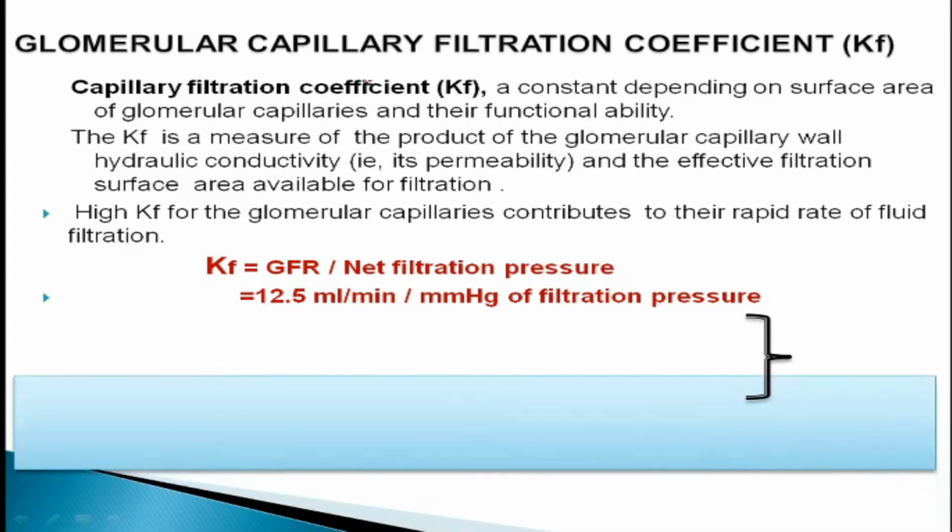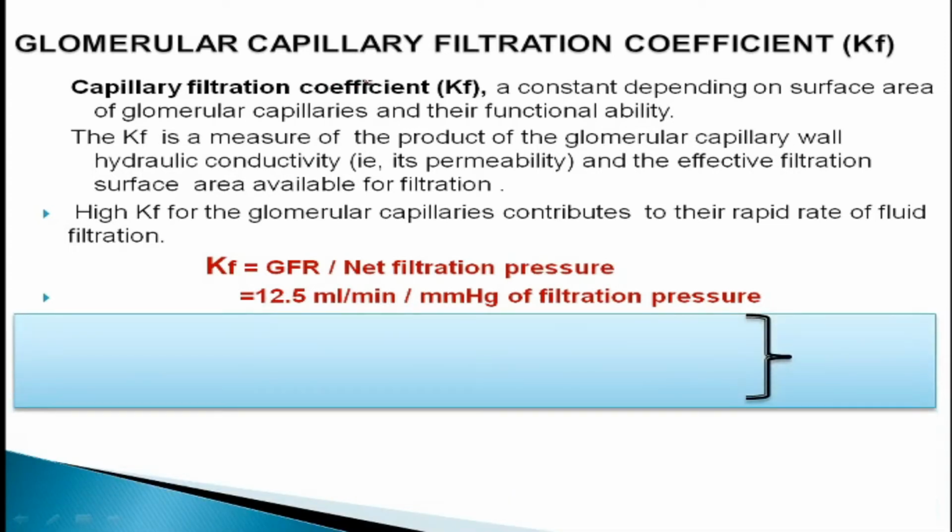So any condition which is affecting the surface area of the glomerular capillaries, or which is causing thickening of the membranes of the glomerular capillaries, those two conditions will lead to a decrease in the Kf, because Kf depends on the permeability and the surface area.